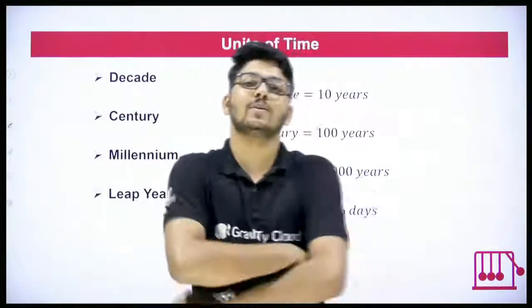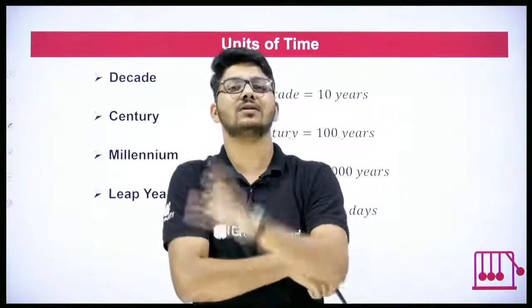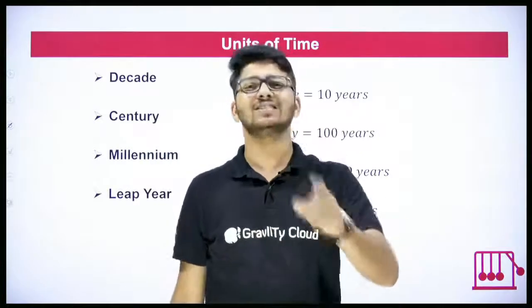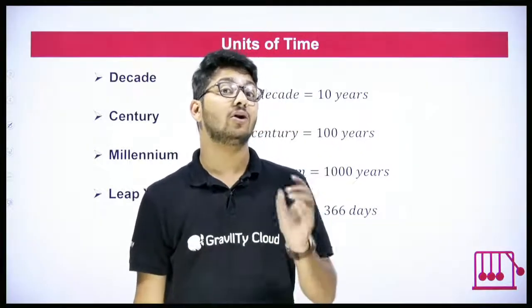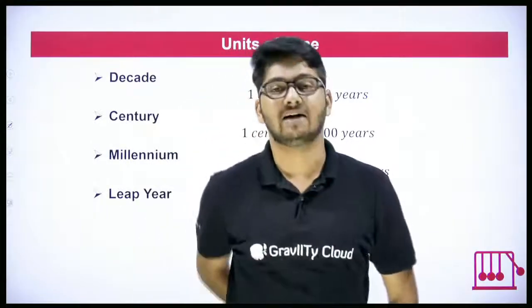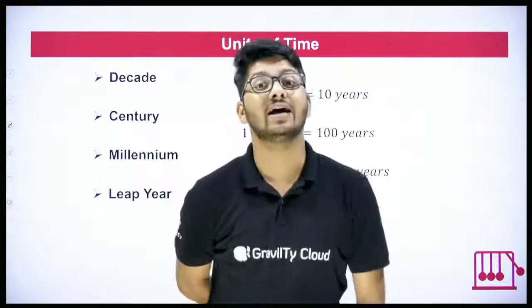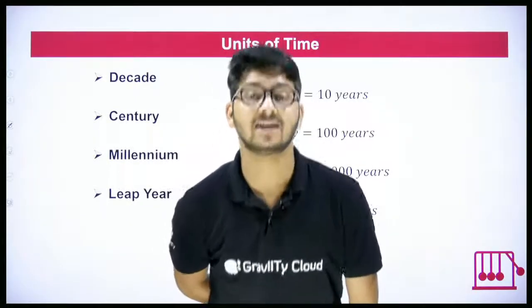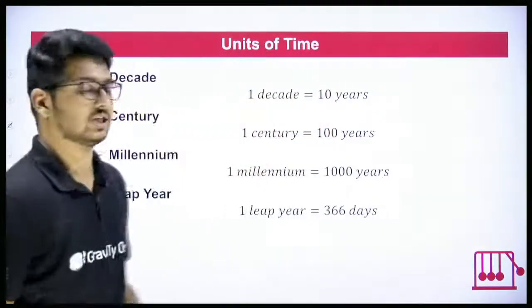When we discuss the month February, normally February has 28 days. But once in every 4 years, February has 29 days. In every 4th year, February has 29 days. What is that year called? That year is called a leap year because you are adding 1 extra day.